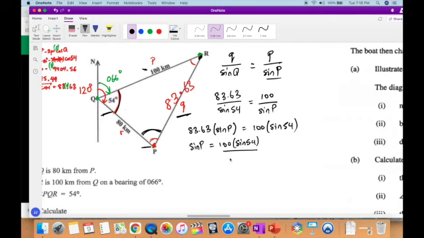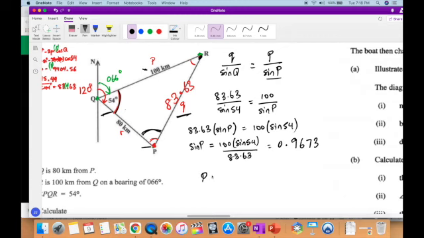divided by 83.63. So 100 times the sine of 54 divided by 83.63 is equal to 0.967.